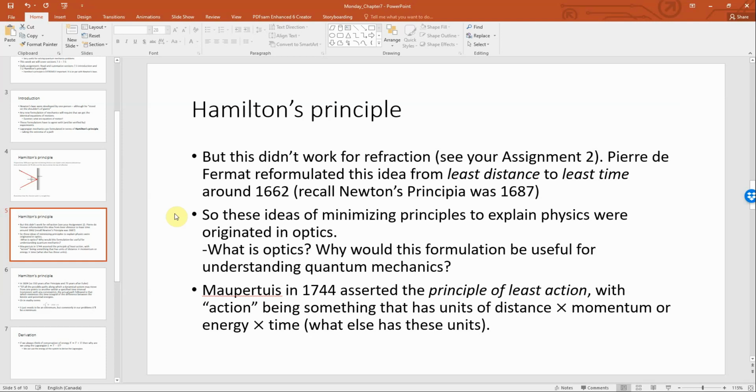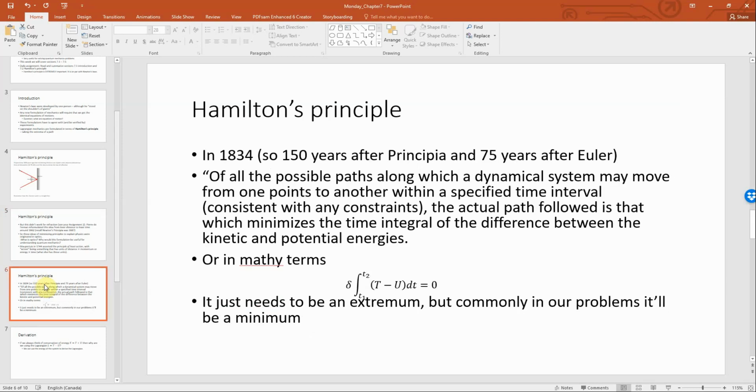But it turns out that there's a fundamental constant that also has the units of distance times momentum, or energy times time, and that happens to be h bar. So Planck's constant also happens to have this action unit. And so it turns out this will be important when trying to relate the Lagrangian mechanics to quantum mechanics. But we won't be dealing with that in this class because this is classical mechanics.